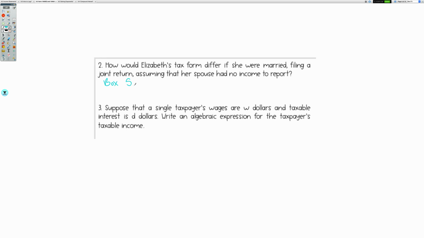They would get a $20,600 deduction from their taxable income instead of $10,300.